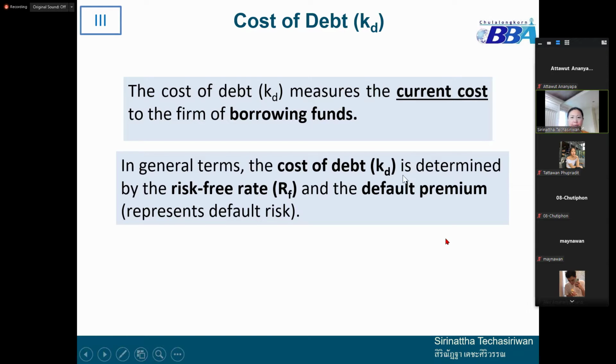So the cost of debt is the risk-free rate plus default risk premium. When we estimate the cost of equity, it is the risk-free rate plus equity risk premium, which we can adjust by company with beta. The cost of debt is just the risk-free rate plus default risk premium. That's the very fundamental concept.